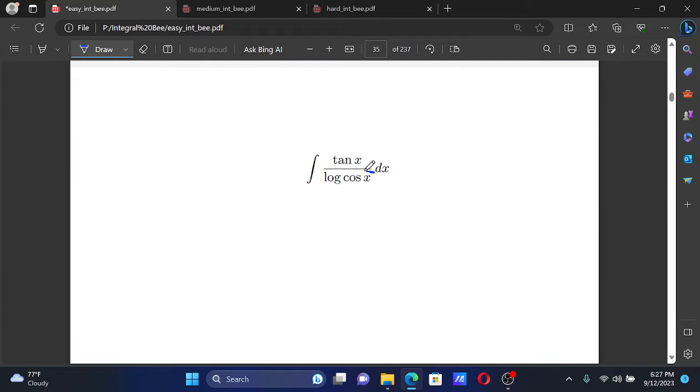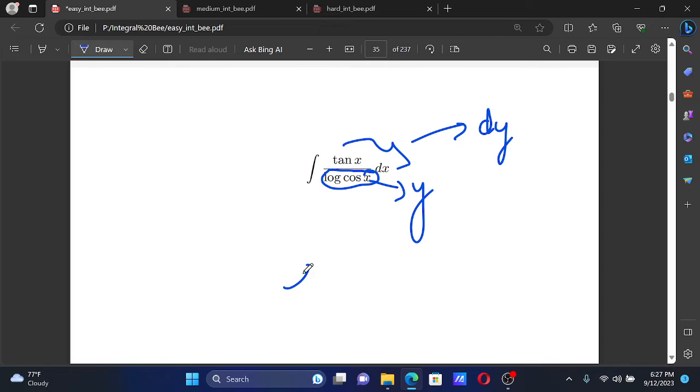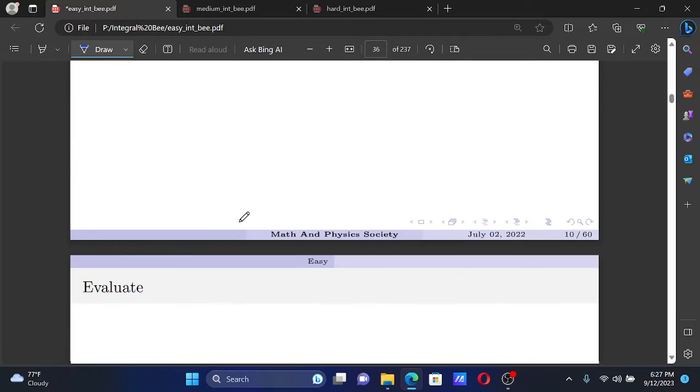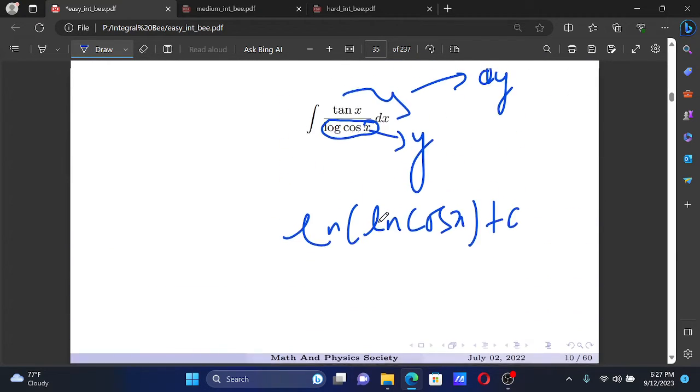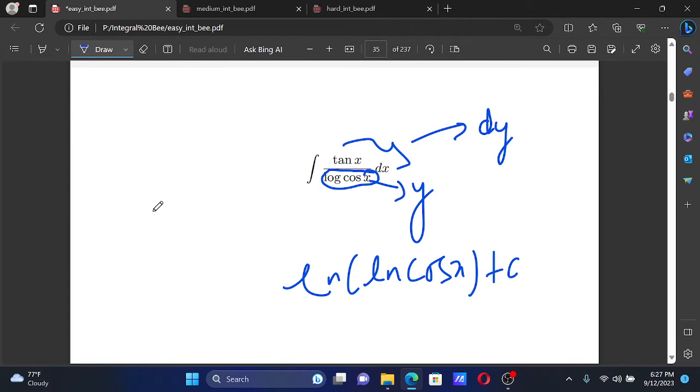For this one, just check that if we have y equals log x, tan x dx is just dy, so our answer is ln of y, and y is log cos x, so ln of cos x plus c. It's just an integral that can be calculated in the mind itself. Wait, I was overconfident, I guess.